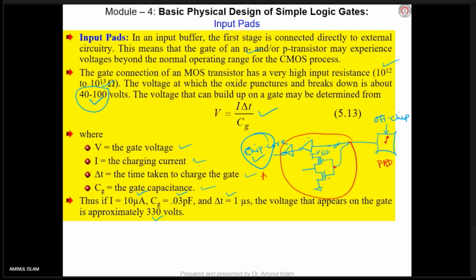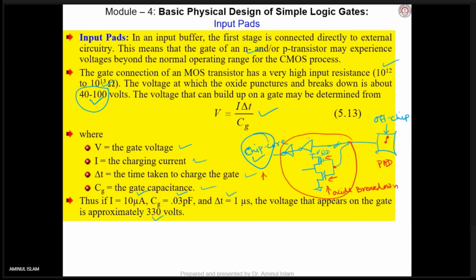Hence the gates of these NMOSFET and PMOSFET may get higher voltage here, and there is a possibility of oxide breakdown if the voltage is more.